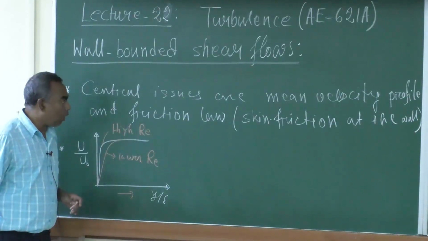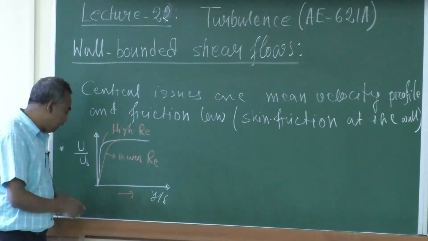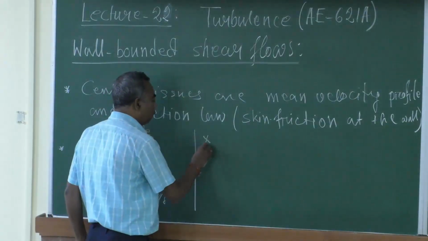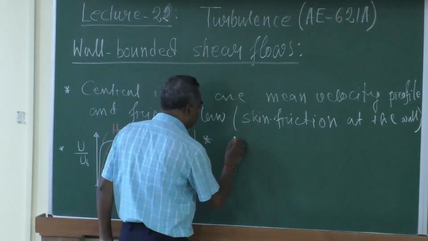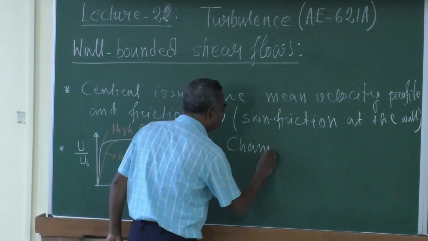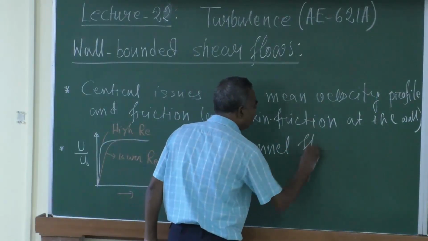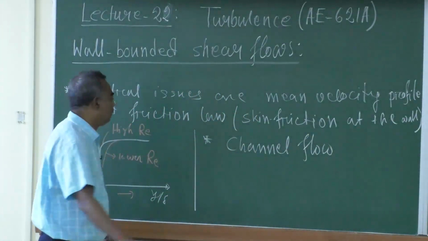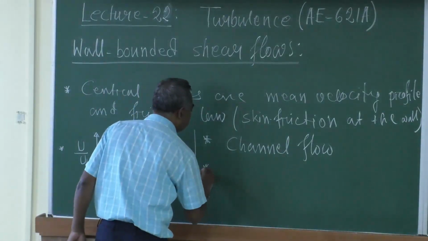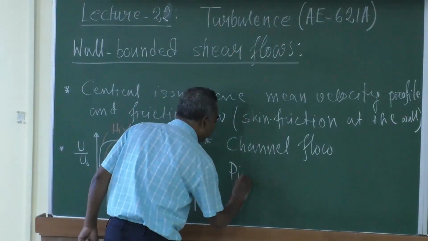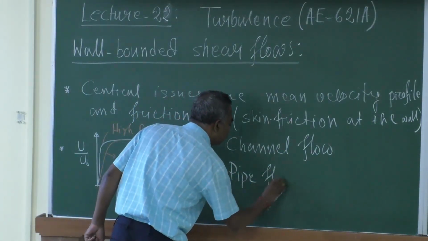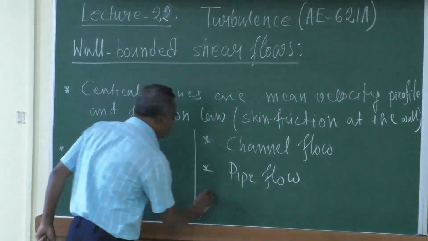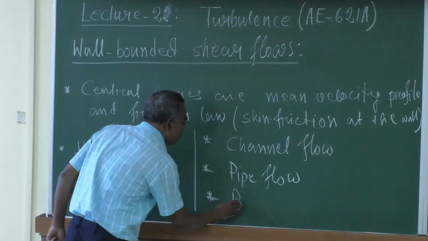As I said, there are mainly three types of flows: channel flow, which is flow through a rectangular duct, then pipe flow or circular pipe flow, and another is boundary layer flow.